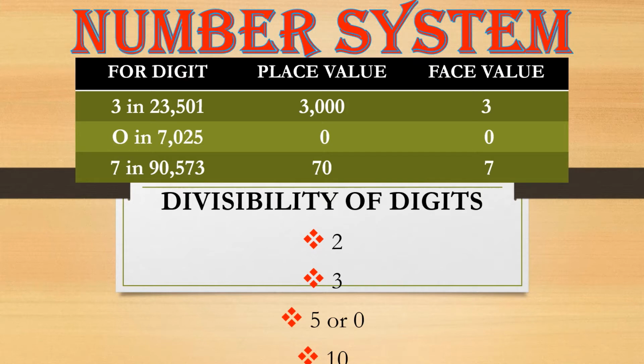A number is divisible by 10 if its unit digit is 0. For example, 20, 30, 70, 50, 90, etc.